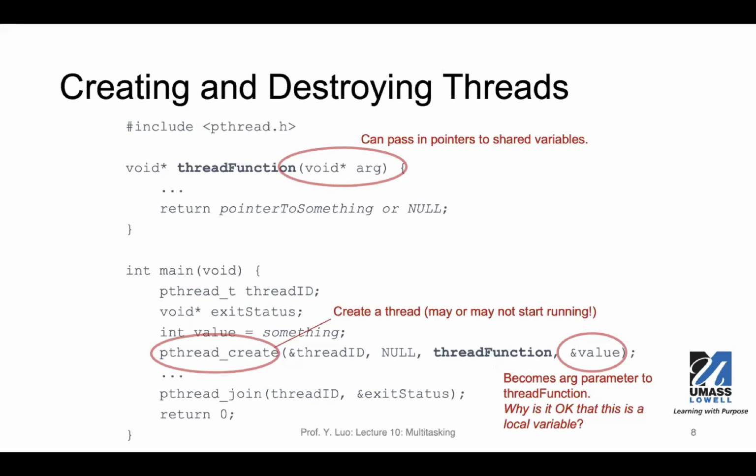Yeah, I think it's okay. The reason is that pthread_join ensures that we don't return out of the function before completing the thread function, which is passed in value. Very good. Yeah, exactly. We know the main function is the entry point of your program.